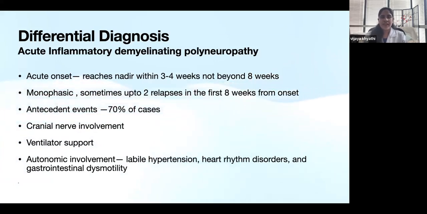AIDP has more cranial nerve involvement, and the need for ventilation is greater because it progresses towards the respiratory muscles, whereas CIDP does not have that need. AIDP has more autonomic symptoms like hypertension, heart rhythm disorders, and gastrointestinal dysmotility, but CIDP doesn't have such severe autonomic involvement.